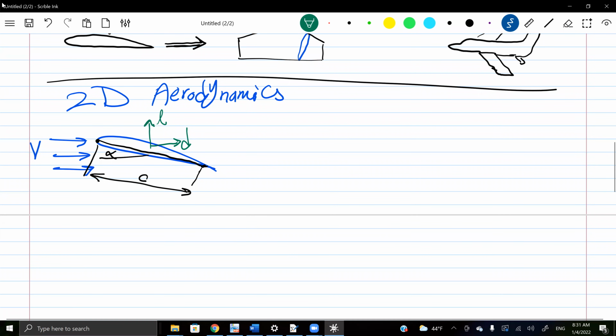We need to compute these little l and little d. Here are the relations, they're so simple: 1/2 rho V squared, where rho is the density of the air and V is the speed that you give me. And these loads are proportional to the chord length. This is just a non-dimensionalization. There is a coefficient of lift, and the same for drag.